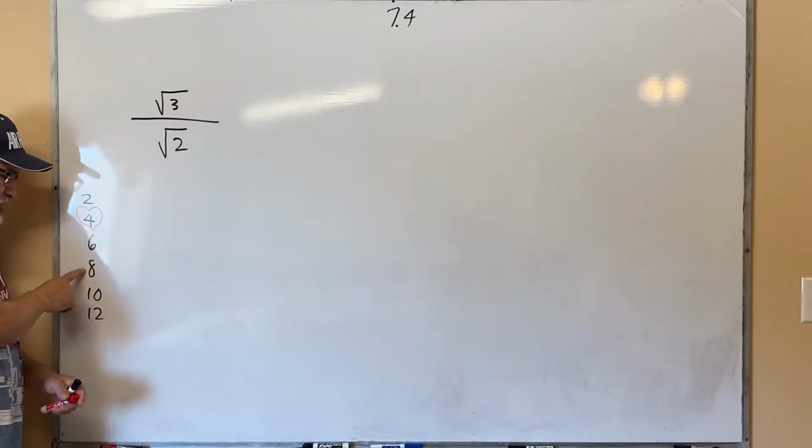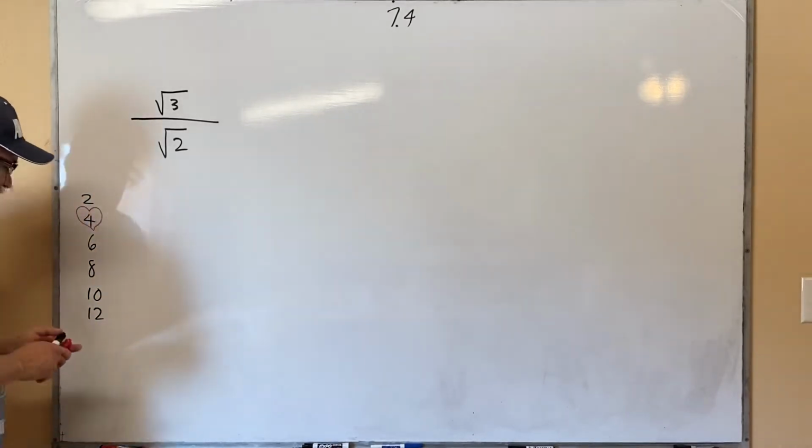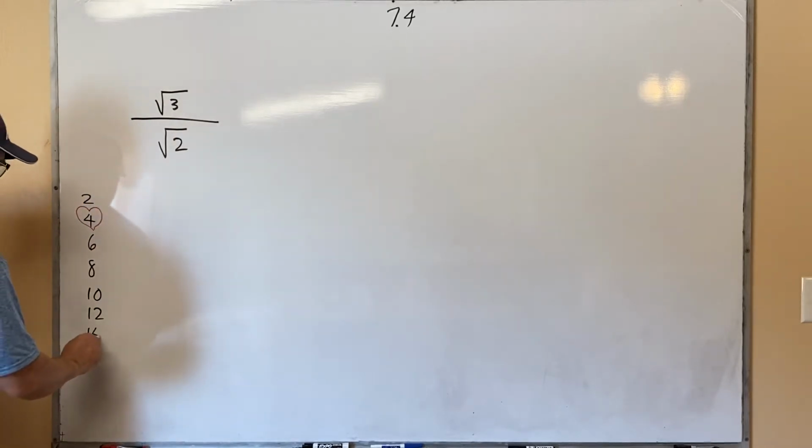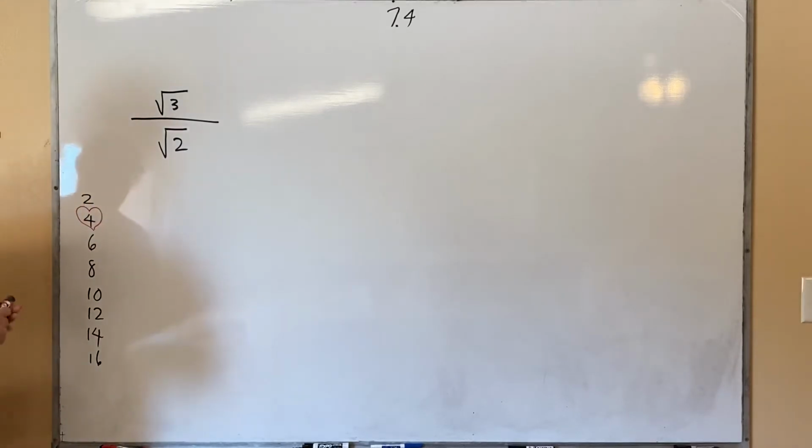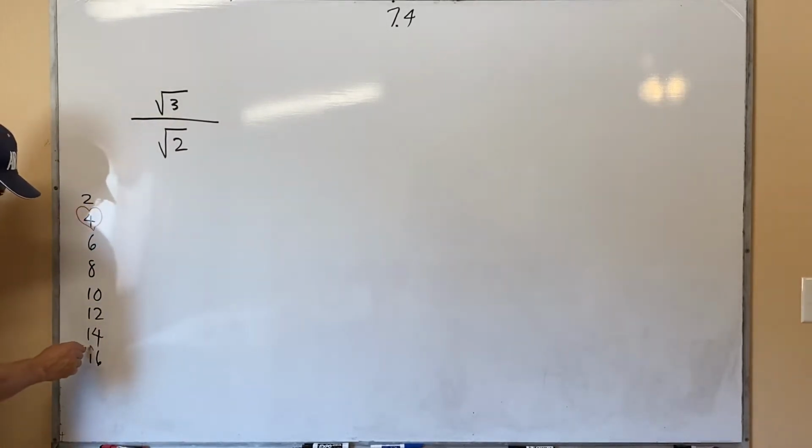Not this one, not this one, not that one. 2 times 7 is 14. 2 times 8 is 16. Oh, that's another one. We also love this one, because it's a perfect square.